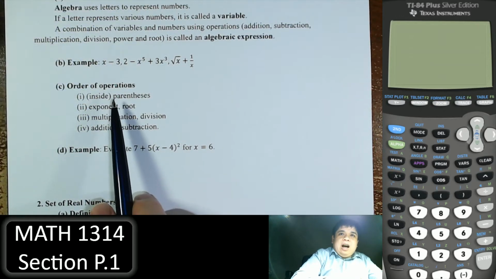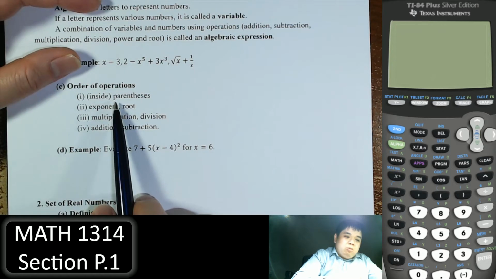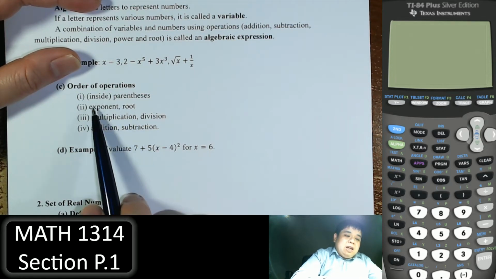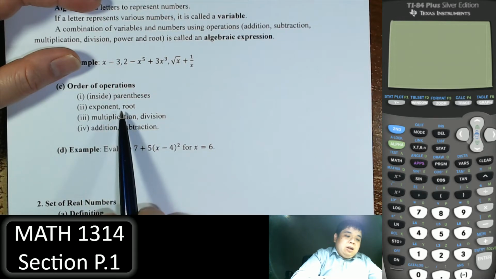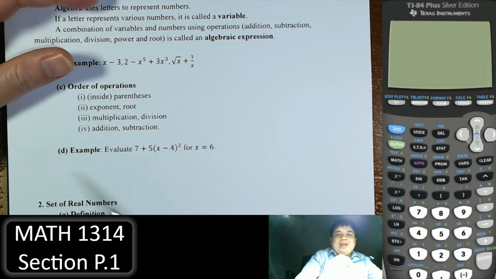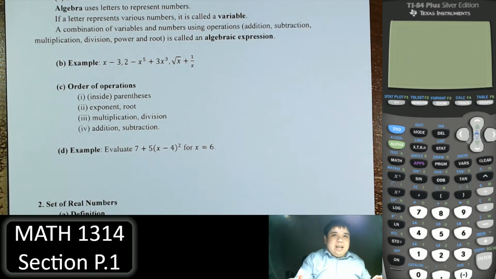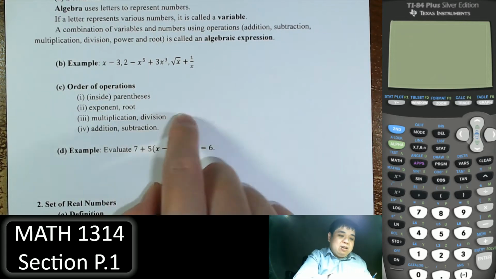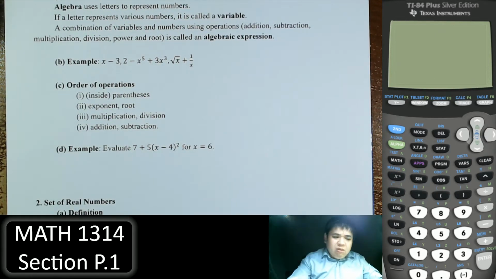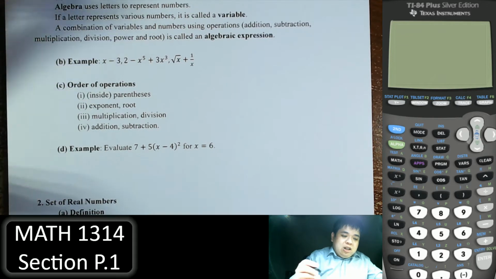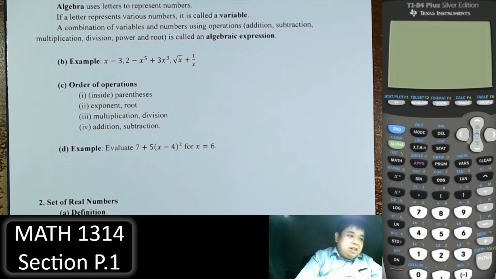So in middle school, maybe you have something like please excuse my dear Aunt Sally. They don't have the root, but root is just a form of power. We'll see that in the future sections.